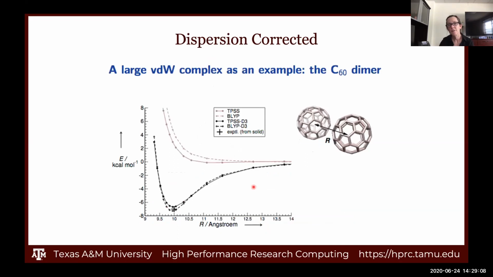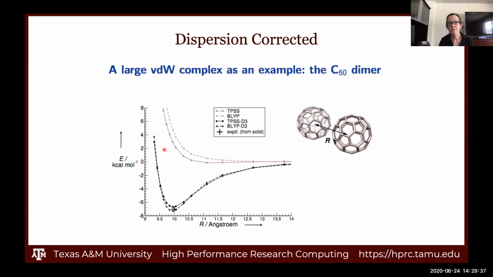So this is just illustrating how bad it can be. So if you take TPSS or BLYP and you plot the distance, you just take single point energies of these two buckyballs and get the energy, it's completely repulsive. Okay, and B3LYP is the same way. So really, really bad for this weak dispersion interaction.